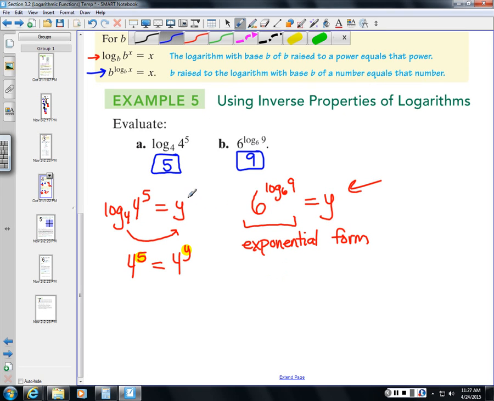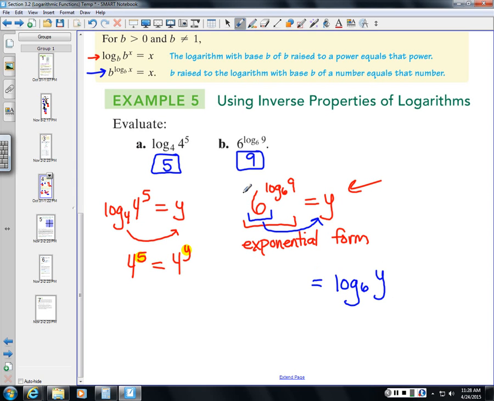If you remember from a previous video where we learned how to go from exponential form to log form, what we have to do is take the base, move it over to the other side, and it becomes the base of the log. So over here I'm going to have log base 6, and all you have left over here is a y.